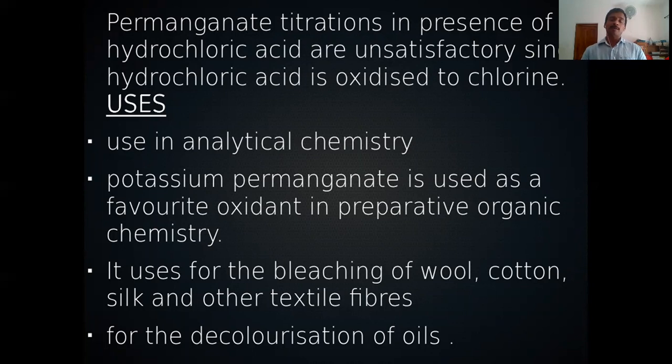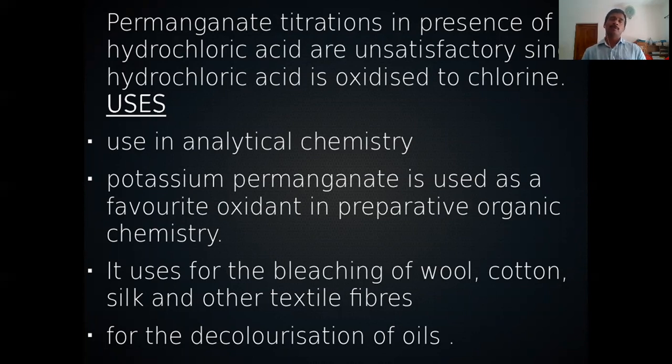Potassium permanganate is used as a favorite oxidant in preparatory organic chemistry. For example, organic acids are prepared by the oxidation of alcohols using potassium permanganate. It is used for the bleaching of wool, cotton, silk and other textile fibers.